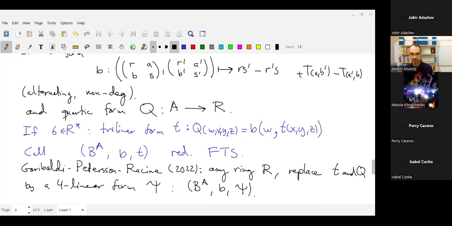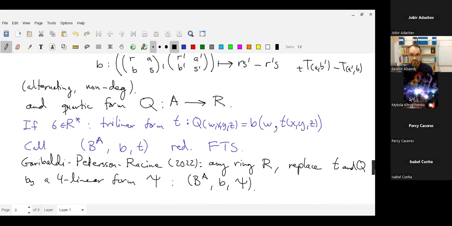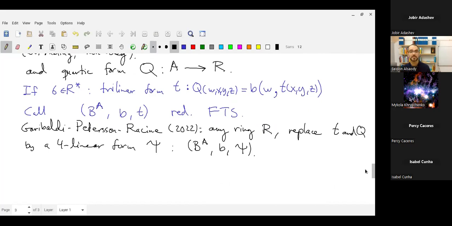But I just want to let you know that as of last year, there is a way, thanks to Garibaldi, Peterson, and Racine, to deal with these things over rings of any characteristic and without invertibility conditions.